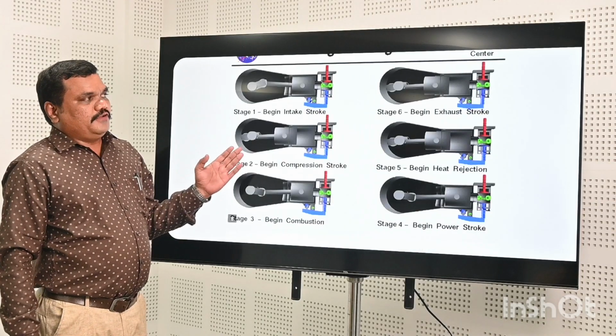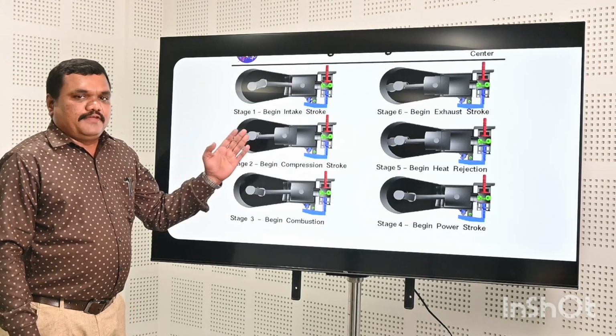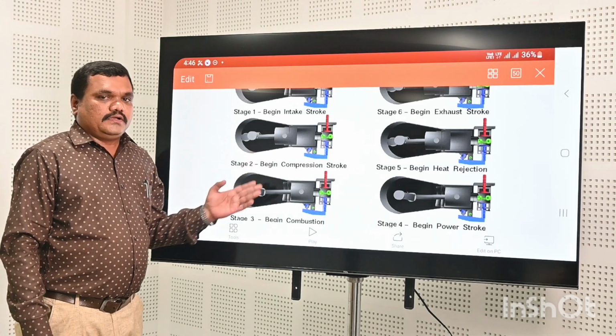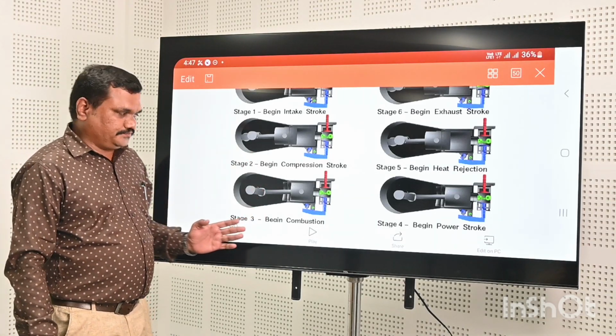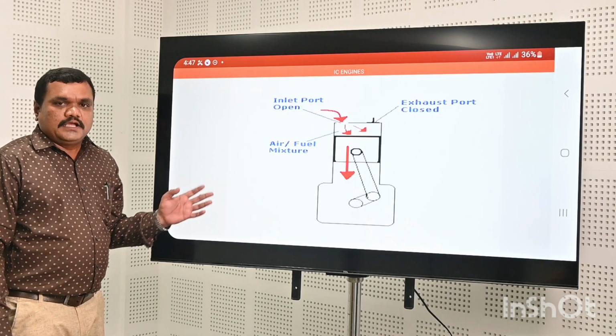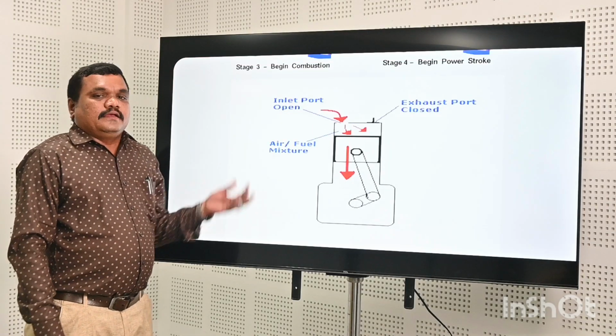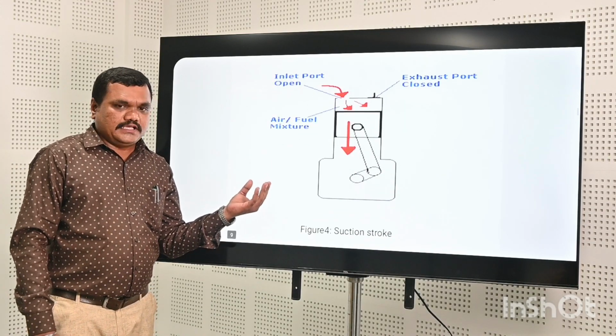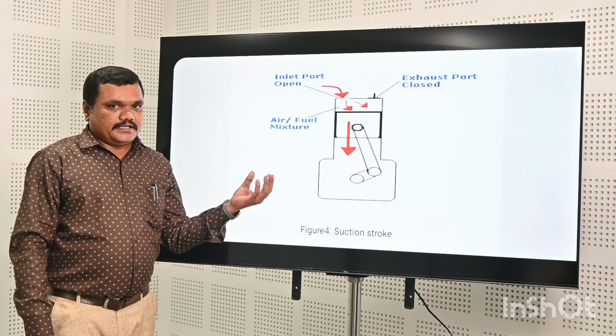Here I have given you the schematic representation of the various strokes, namely the suction stroke, compression stroke, power stroke and exhaust stroke. Today we are going to see the working of a spark ignition engine.